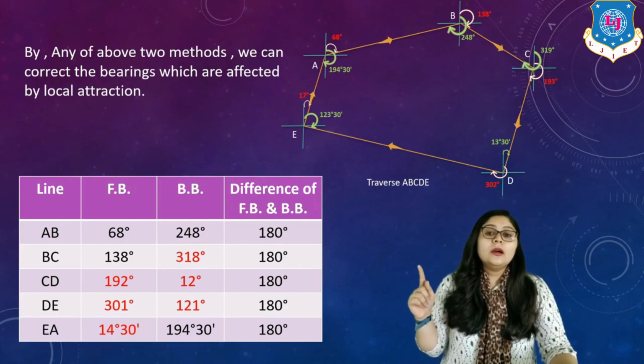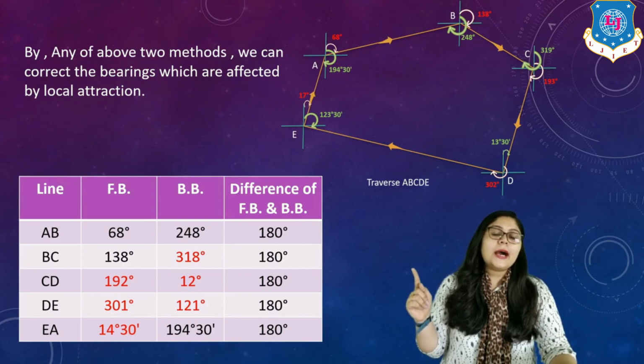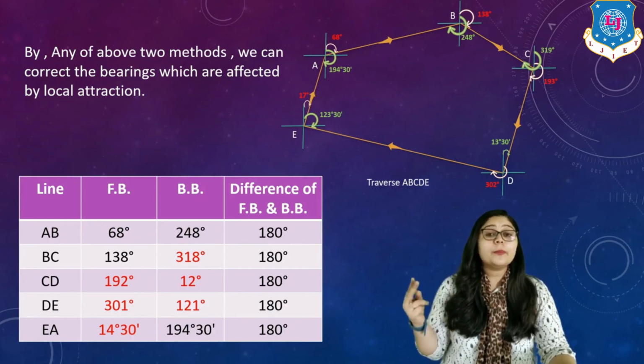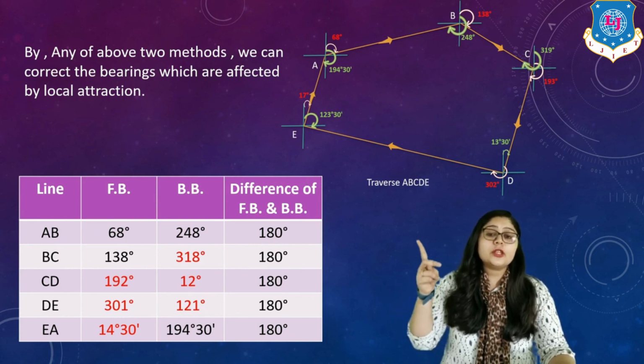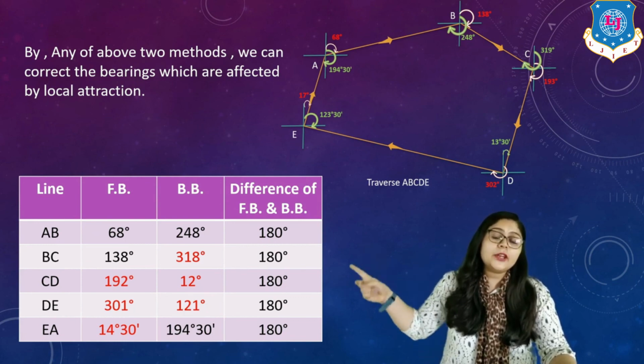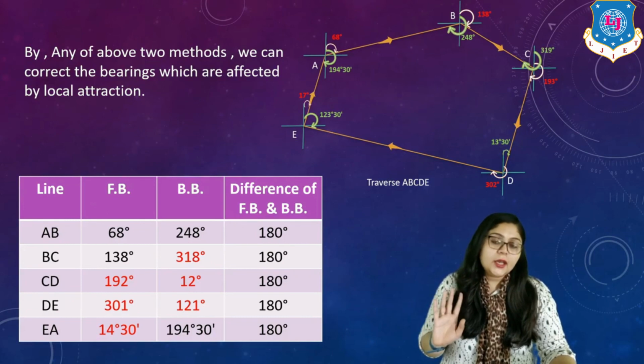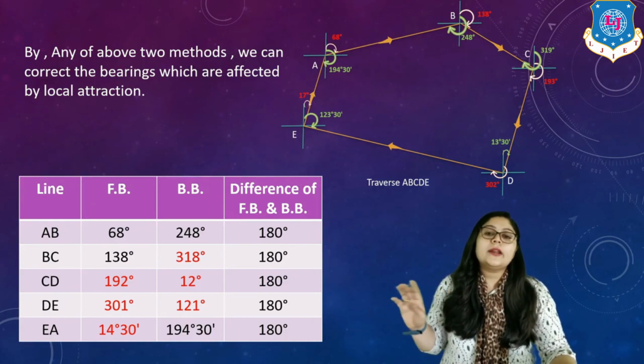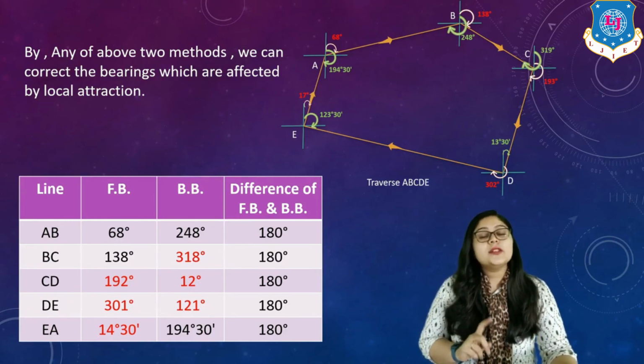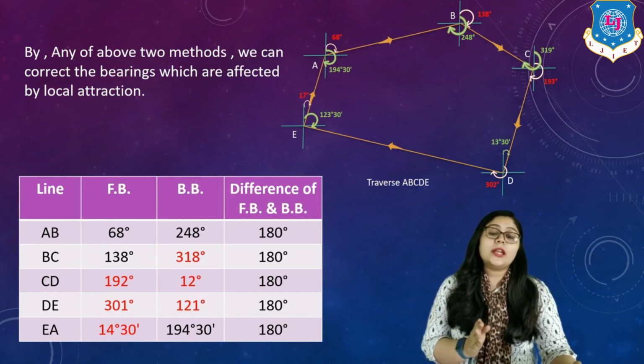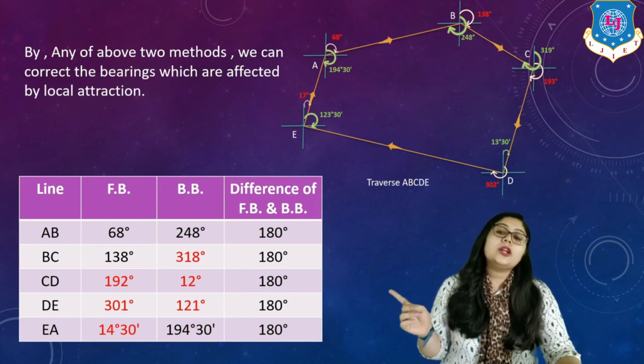The red marked values are the values corrected by using these two methods. After providing the correction, you can see the difference of fore bearing and back bearing at every line is 180. It means the local attraction is removed. So this is the last step for both methods, which provides justification that your calculations are correct or not.